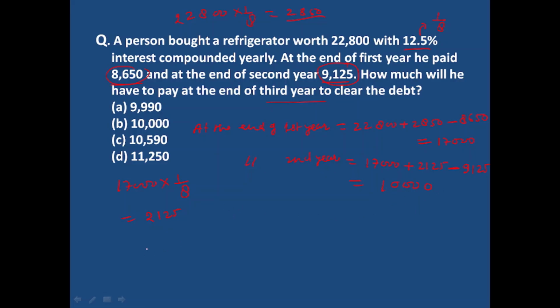So next year, after third year, how much interest do we have to pay? This amount left is 10,000, and on this amount we have to pay interest at the rate of 12.5%. So 10,000 into 1 by 8 will amount to how much? 1,250.